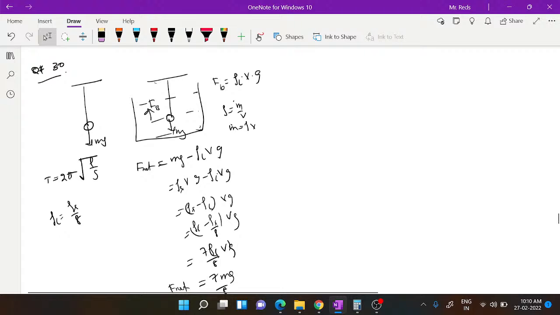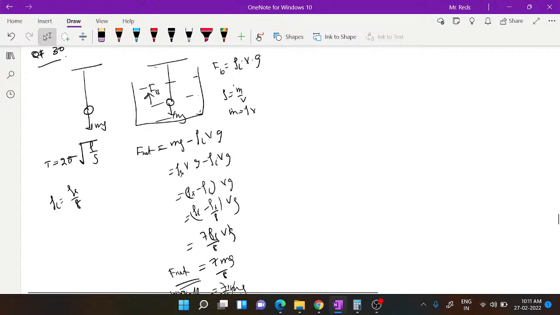The time period of the pendulum here will be. To understand that, you have to know what the effective acceleration is. So let us mention the net force, and hence we can get the net acceleration, or effective acceleration.